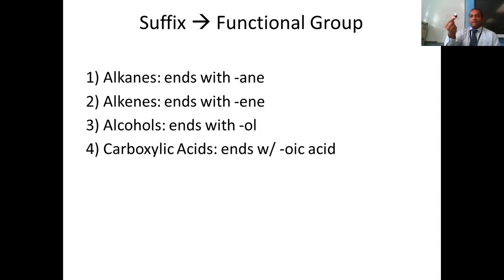So if this is methane, 1 carbon, this is 2 carbon. You can see 2 carbon. And what are we going to call them? Because it has 2, so ethane.